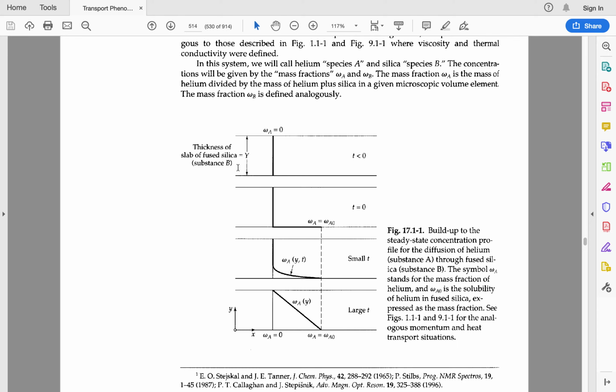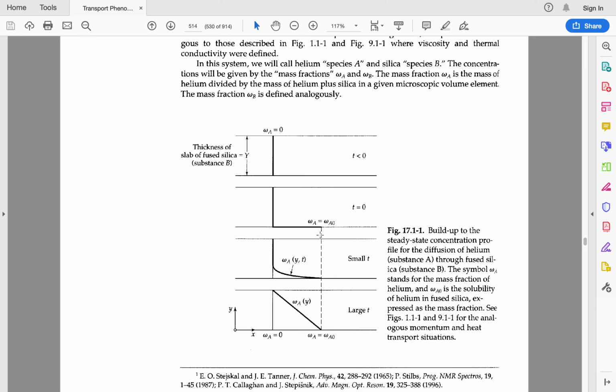We call fused silica substance B, and there is nothing in it, so the mass fraction omega A is 0 at t less than 0. At t equal to 0, on the outer side of the silica plate, we put, let's say, helium. We call the helium A, and the mass fraction of helium is the mass of helium divided by the mass of helium plus silica in the given macroscopic volume element.